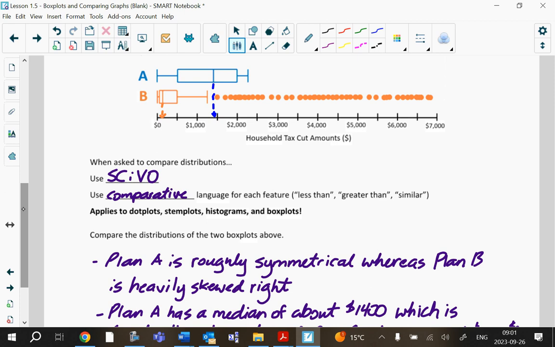So Plan A has no outliers, whereas Plan B has many outliers.